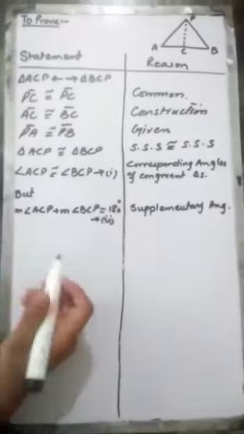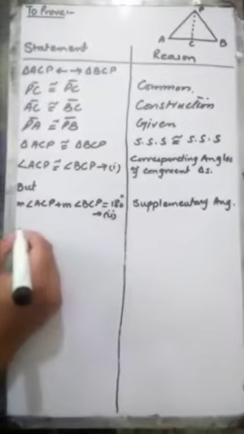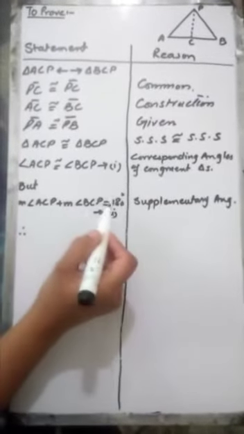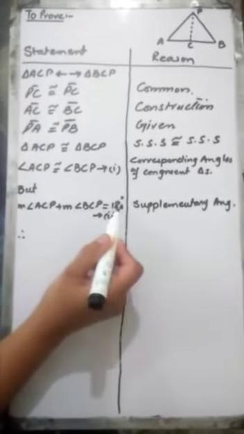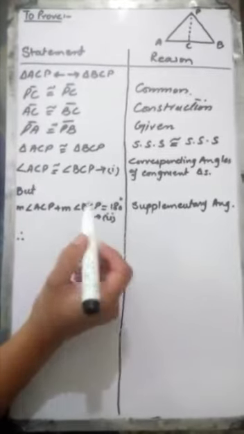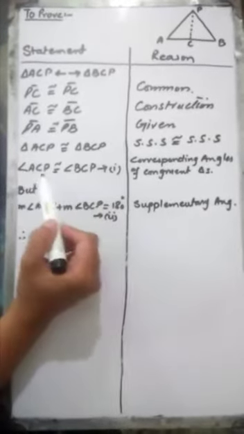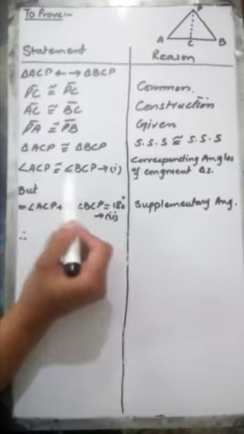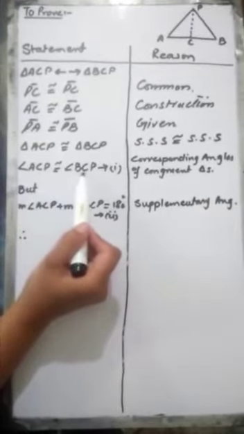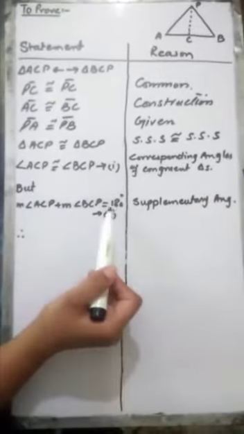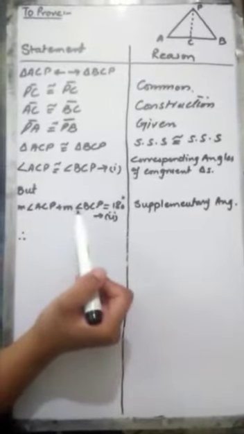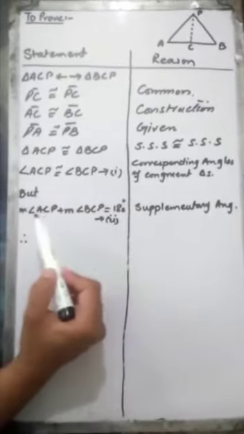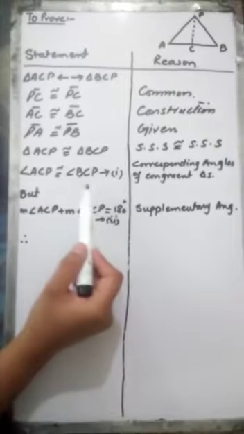Okay, now we can say that if the sum of these two is equal to 180, and we know from 1 that both are equal, means both are congruent, and their sum is 180, so each will be equal to 90 degrees, obviously, because the sum is 180 and both are equal.